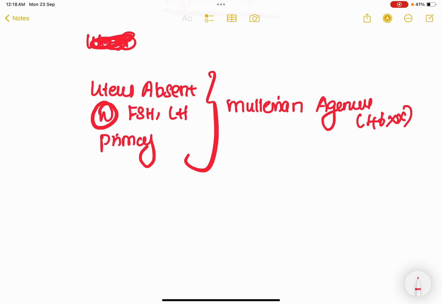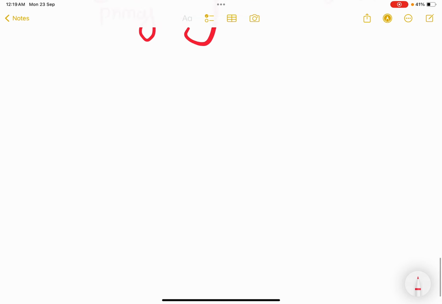Is that clear? Yes. So until now we have discussed everything about the primary amenorrhea, with the uterus being present, absent, everything. Another condition which we have discussed earlier was androgen insensitivity syndrome, where it is primary amenorrhea with the uterus being absent. So how would you differentiate between the partial and the complete androgen insensitivity syndrome?